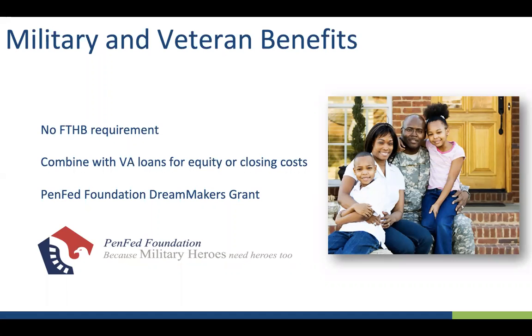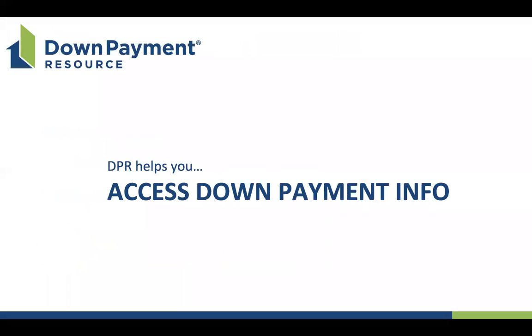So if the veteran puts in $2,500, Penn Fed will double that and put in another $5,000, and that's $7,500. And from Penn Fed, that's a grant of $5,000 plus the veteran's contribution. And it's forgiven at closing. It's a grant. It can cover closing costs. They do have income and purchase price limits, and they actually do have a first-time homebuyer requirement on that one. But it's a great example of a great opportunity to help a veteran or help somebody that's active in the military get into a home.